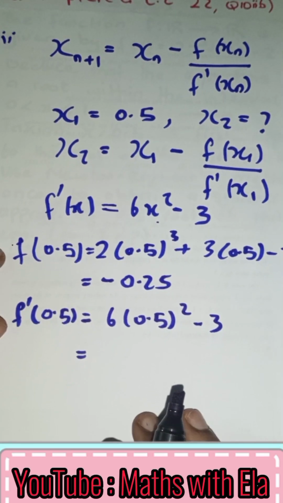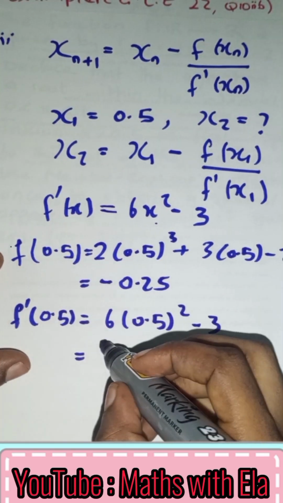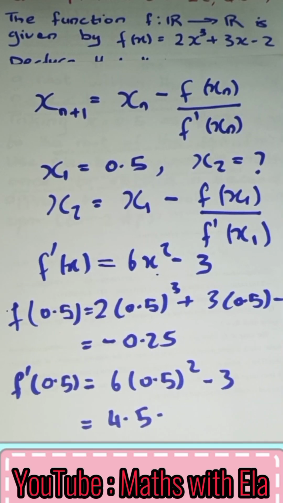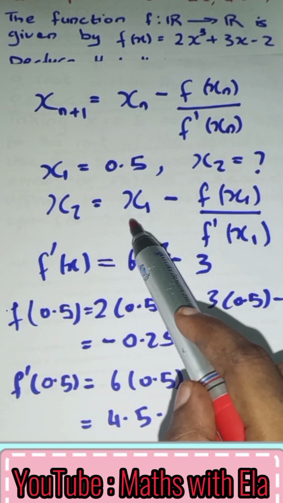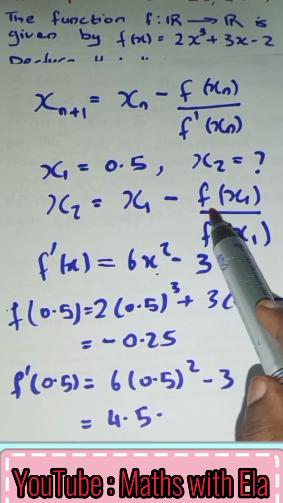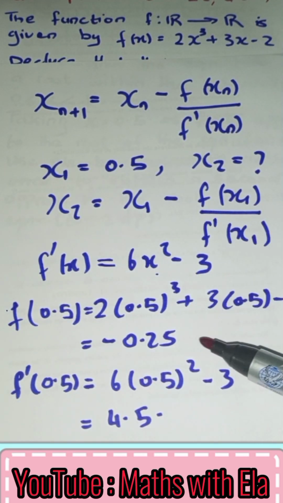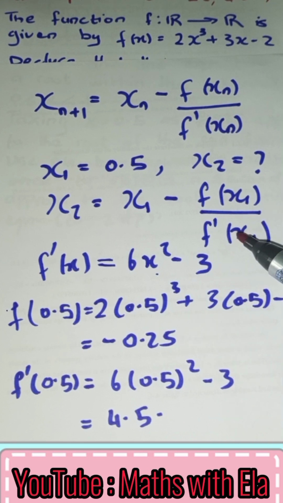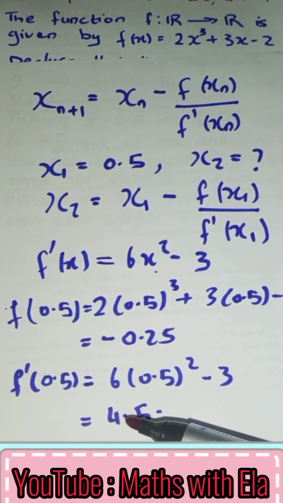Again, punching this on your calculator, we obtain 4.5. So now we've obtained everything that we need for this formula in order to get x2. We have x1, which is 0.5. We have f of x1, which is negative 0.25. We have f prime of x1, which is 4.5.